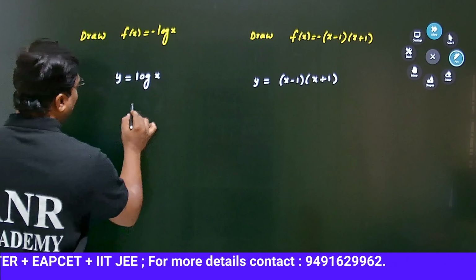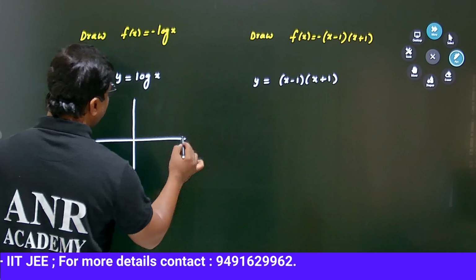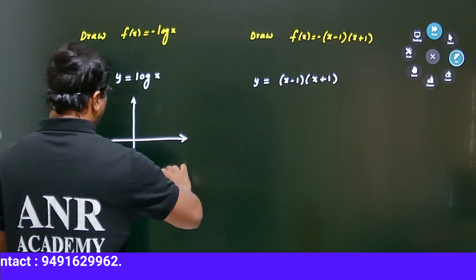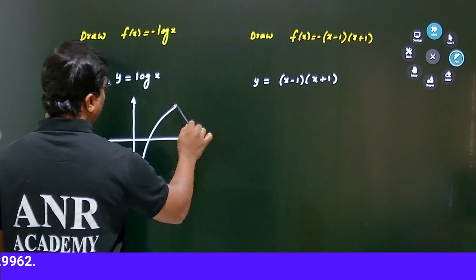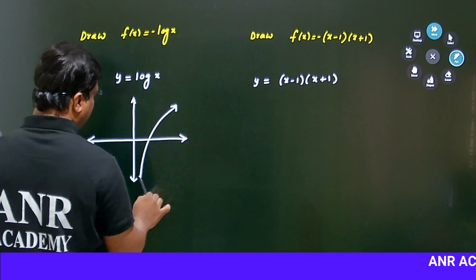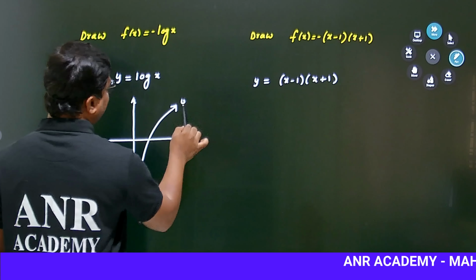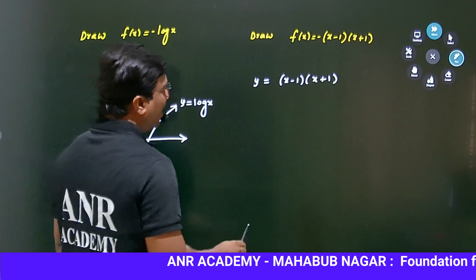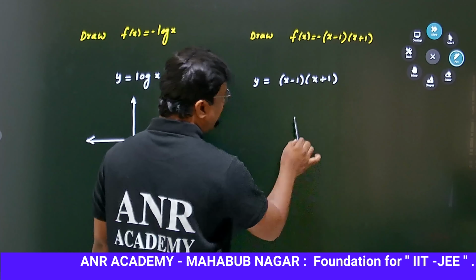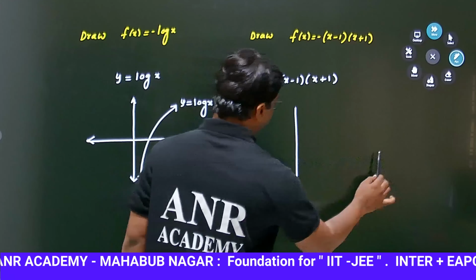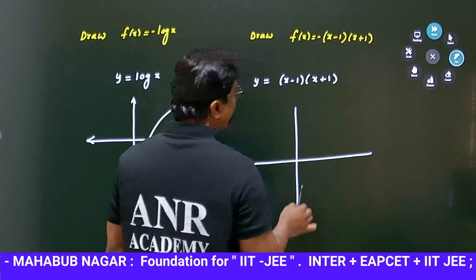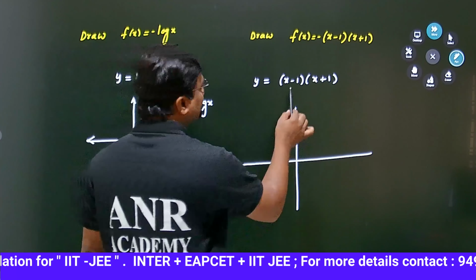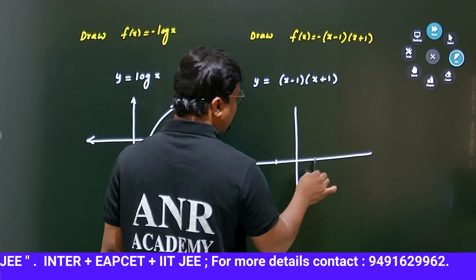We know that the graph of log x with natural base exists only for all positive values of x. This is the graph of log x. This is y equal to log x. And the graph of y equal to x minus 1 into x plus 1, a second degree equation, indicates a parabola, and here the roots are minus 1 and plus 1.